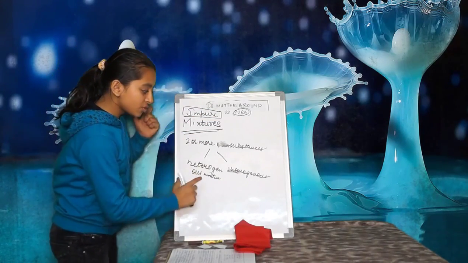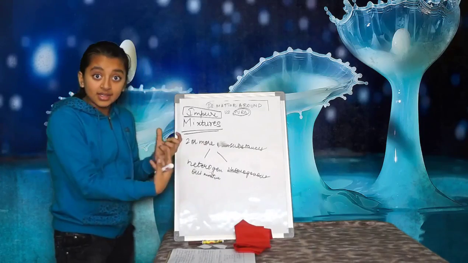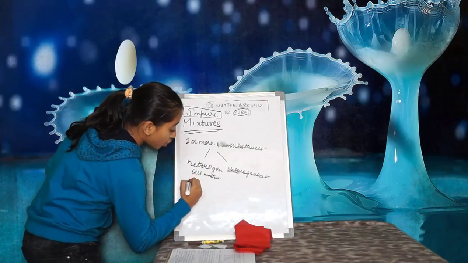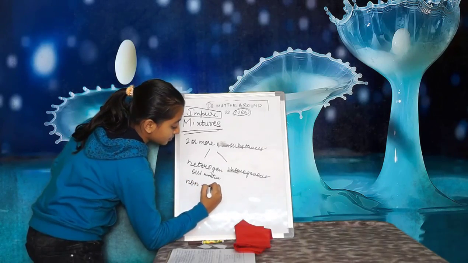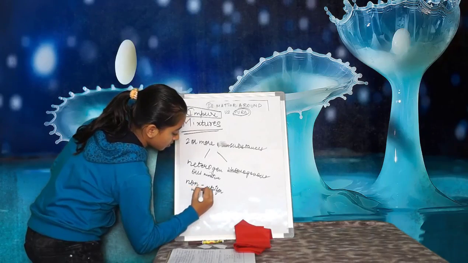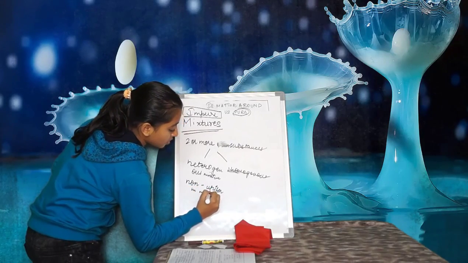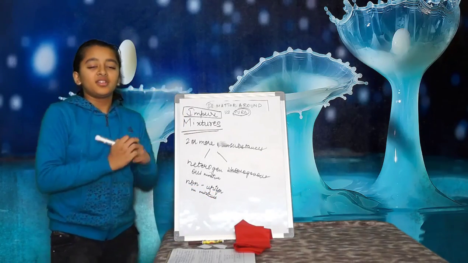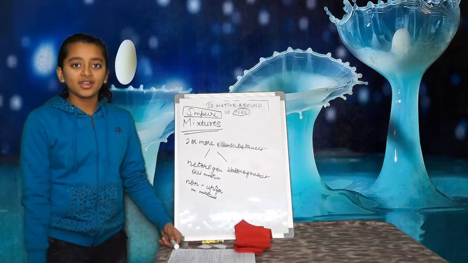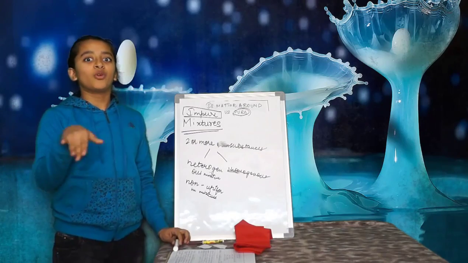So to distinguish these two, primarily I'm going to write that a heterogeneous mixture is a non-uniform mixture. These are 2 technical words which I think won't stay in your mind, so I'm going to explain it in simpler words.